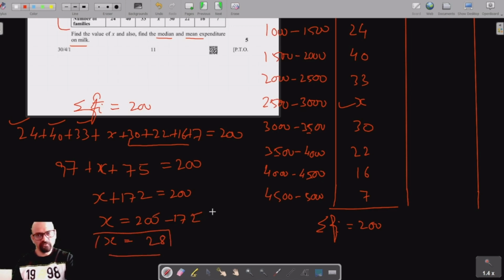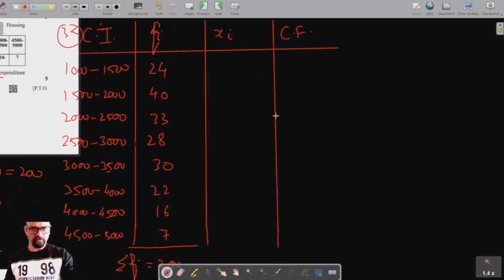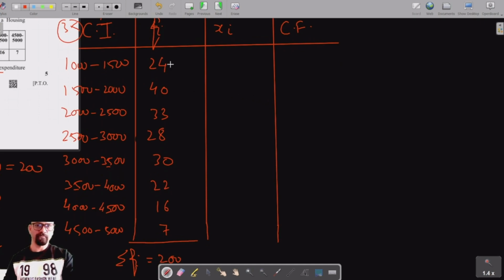So the value of x is 28. So that means we can fill it here, the value of 28. Okay, now first of all, let's find out the class marks, or let's find out the median first.